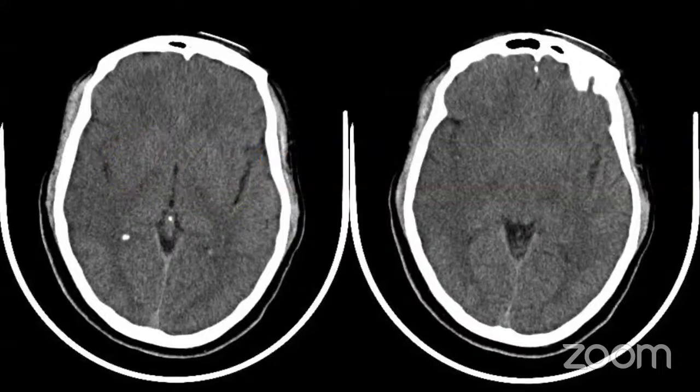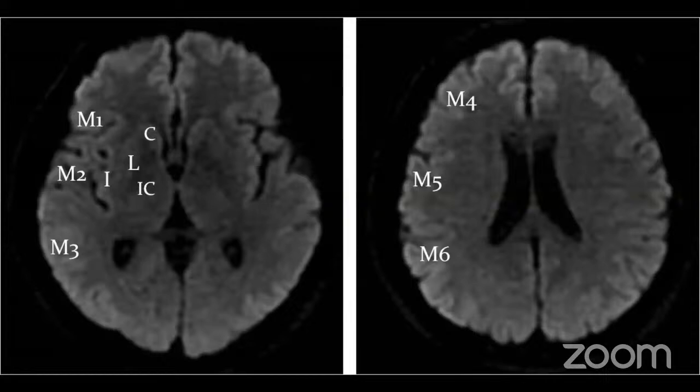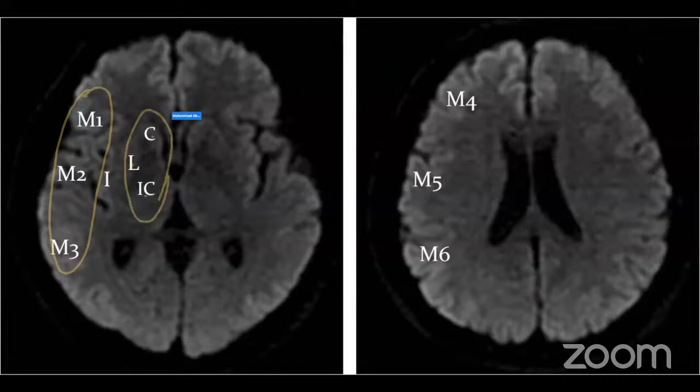Let's see what it means to have an absent insular region in the CT or in an MRI. This is the ASPECTS score, and we have the operculum with three scores, and the internal region, the caudate, lentiform, and internal capsule, has their own three, and the insula lies in the middle and has one on its own.